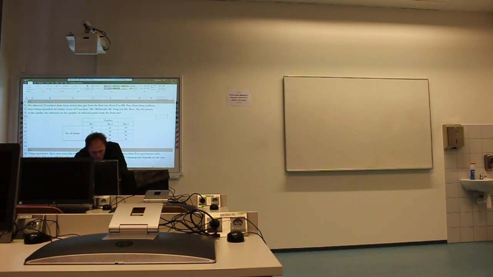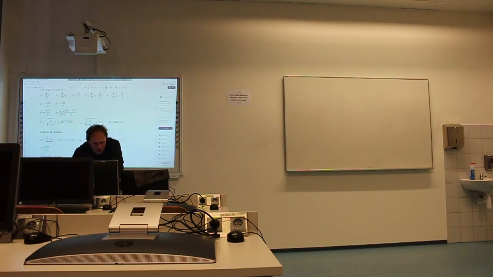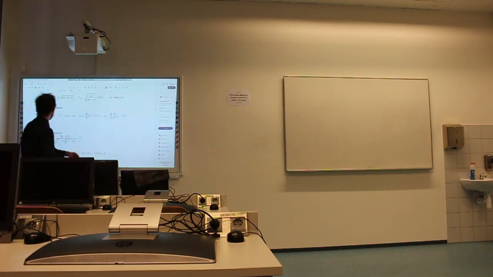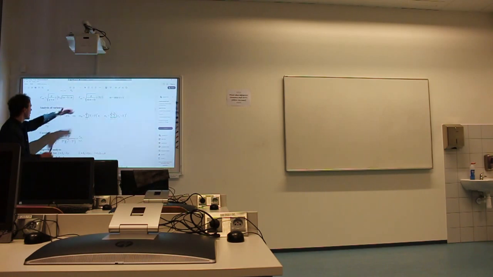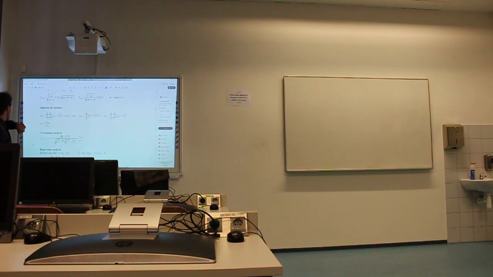So I will open the formulas, and you see there you have Pearson coefficient C, Cramer's V, and below we have analysis of variance.